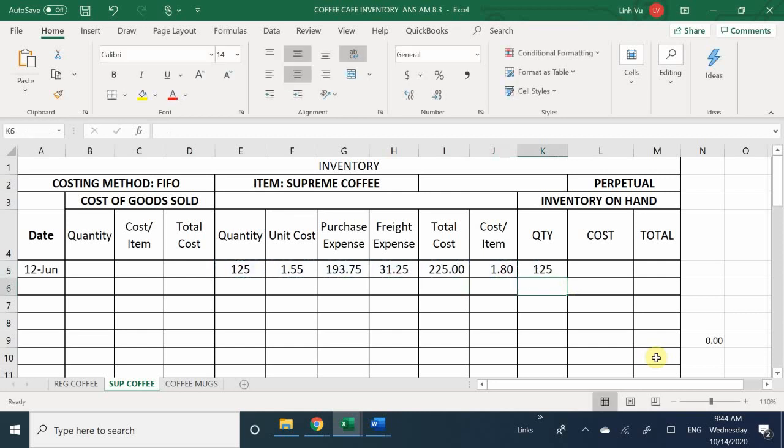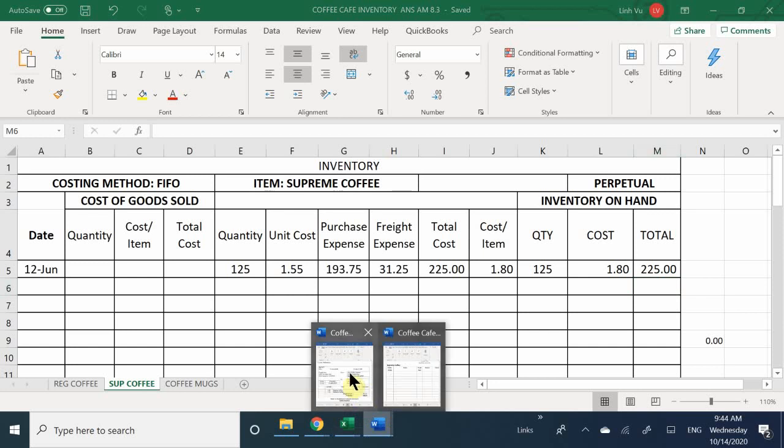So we know we have 125 items available, it's going to cost me $1.80, and the total cost is going to be $225 as of right now. Okay, $225. All right. So let's save this inventory worksheet and see what happens next.